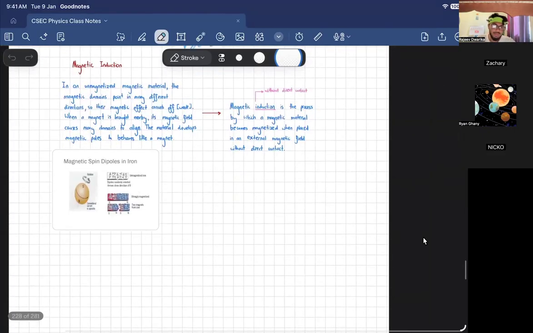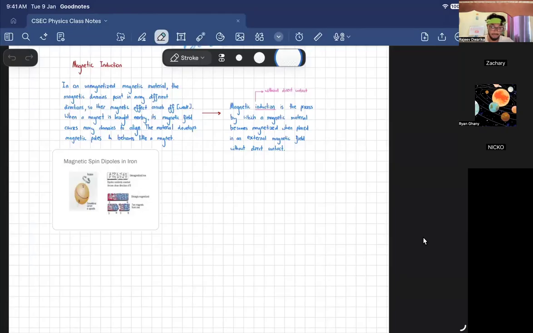Could you all remind me one material that's good at retaining its magnetism? Guys, you all need to be answering rapid fire. You do chemistry? Alright, what does Ni stand for? Nickel, right?